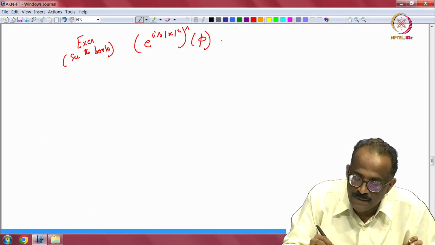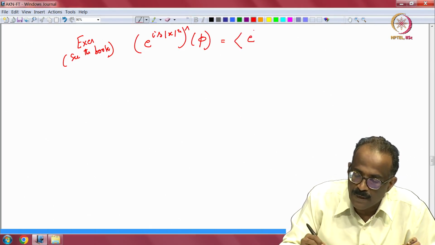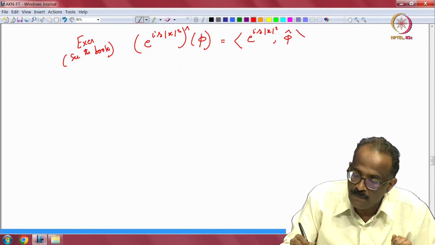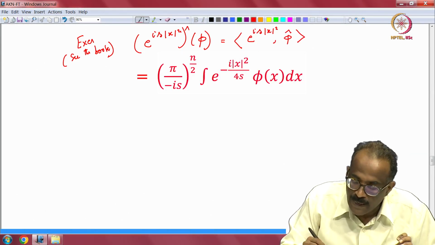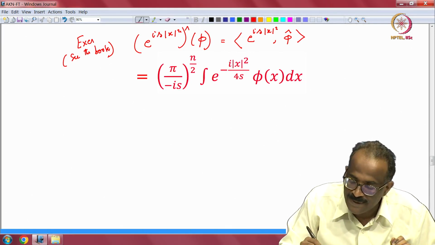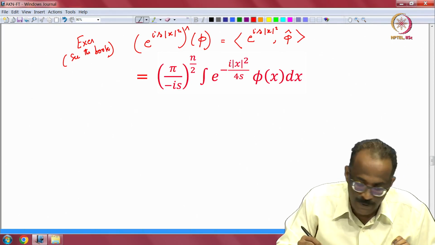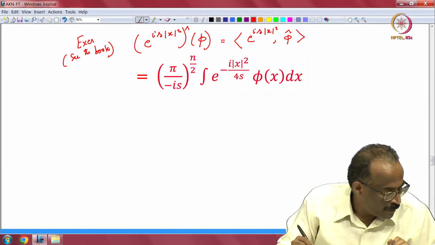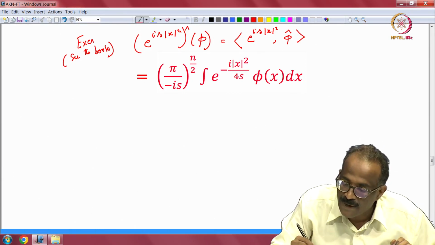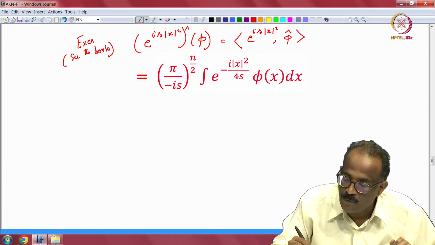This is of course nothing but e power i s mod x square over phi hat, which you can compute to be, again it depends on my pi by is, and is e power minus mod psi square by, there is an i here, I hope everything is correct, mod psi square by 4s.